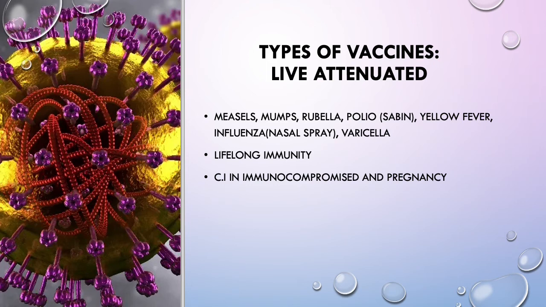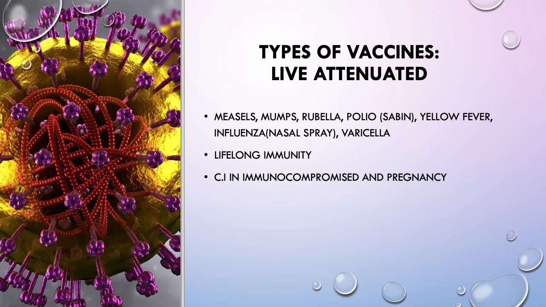And this group really works as follows: the microorganism is alive but attenuated, so it cannot create a pathogenic response, but it can grow in our body, and it will trigger both our cellular and humoral immunity.